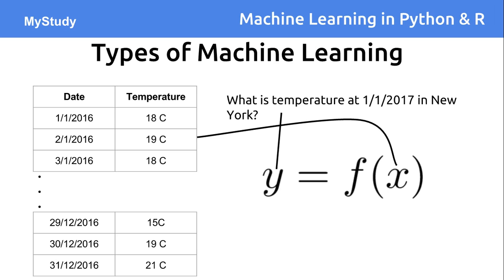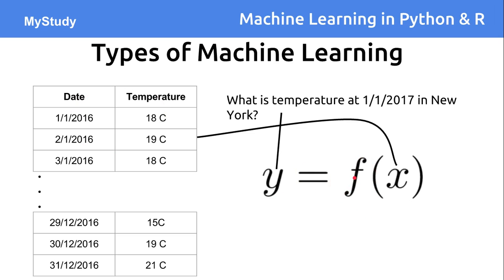Now let's observe some points here. These two things have been given to you, x and y. x will be the date and y will be the temperature. That is the input training data given to you. You model this function and create f.